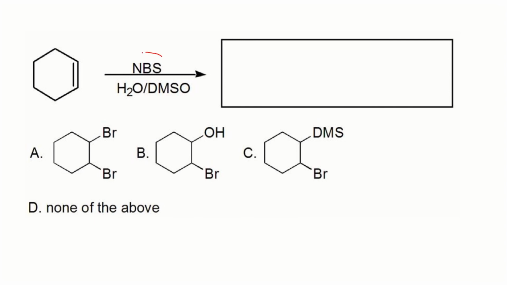When we use NBS, which is N-bromosuccinimide, a reagent used for bromination, we brominate the allylic portion of our molecule. So the product we'll generate is bromination on the allylic carbon of the alkene. The alkene is retained.